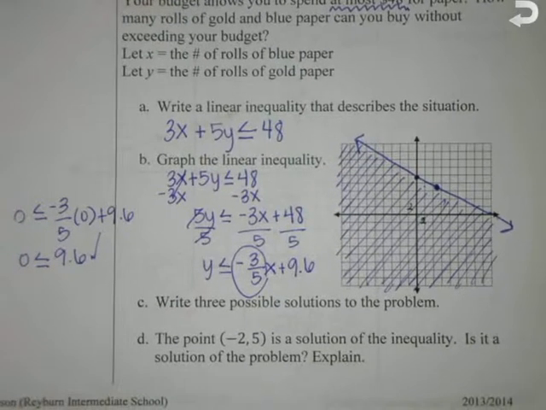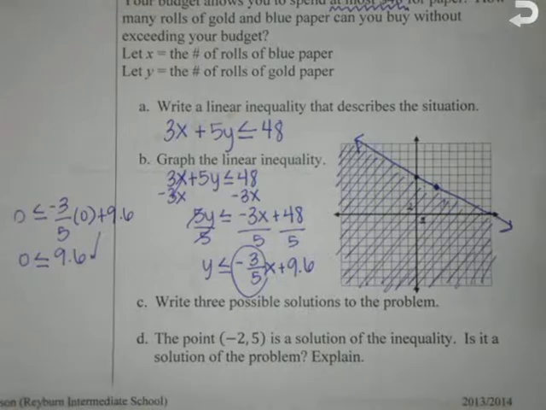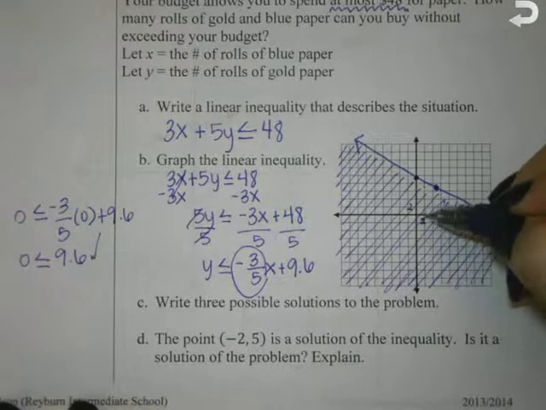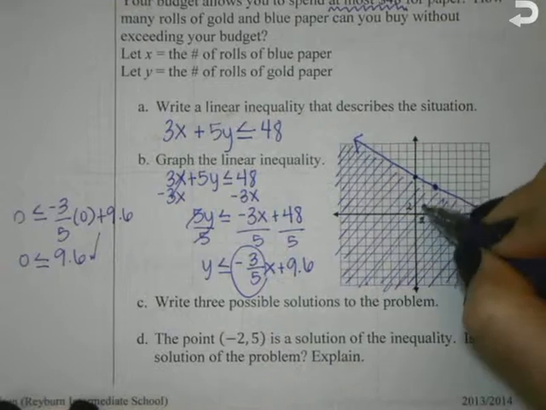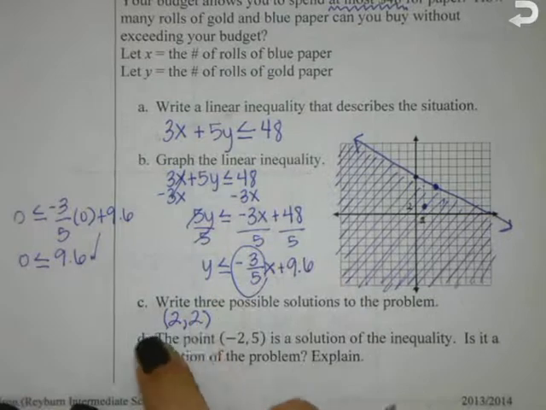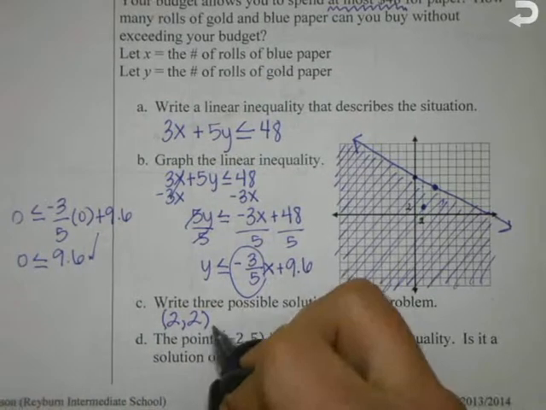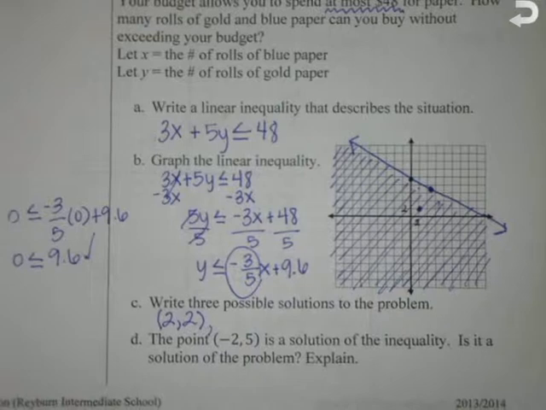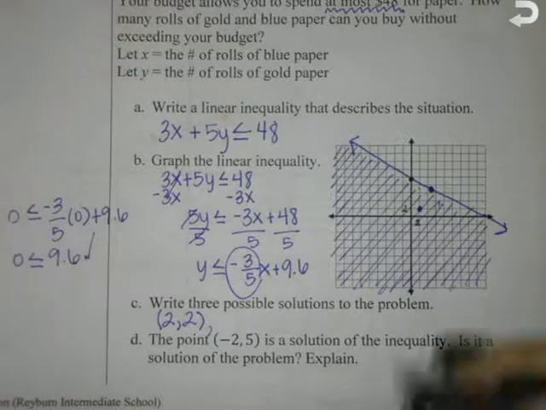So then my question to you guys is, we need to find 3 possible solutions to the problem. Meaning, we need to find 3 points within that shaded area, because anything in the shaded area is a possible solution. So I'm going to do one. Does 2, 2 lie in the shaded area? So 2 blue and 2 gold paper. Can you think of anything else that lies in the shaded area? 1, 1. Does 1, 1 lie in the shaded area?